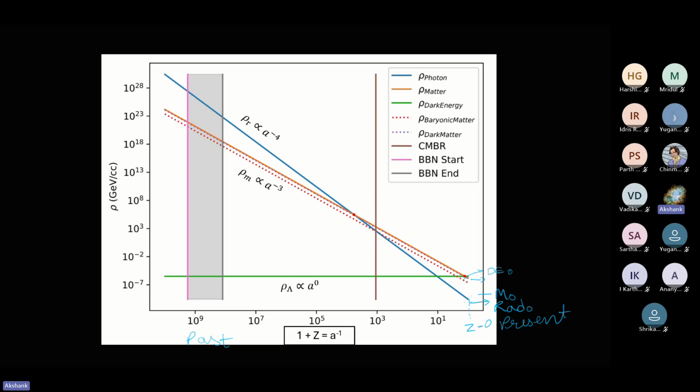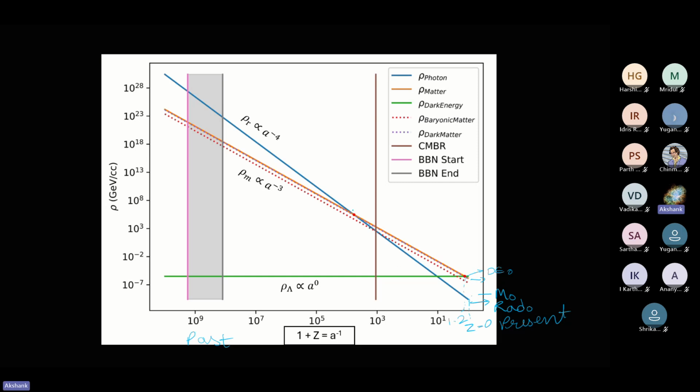At this redshift, which is around 1.2, oh sorry, it is 0.2. 1 plus z is 1.2, z is 0.2. At that redshift, the universe was 50% dark energy and 50% matter. Okay. If you go before it, it was much higher matter than dark energy.